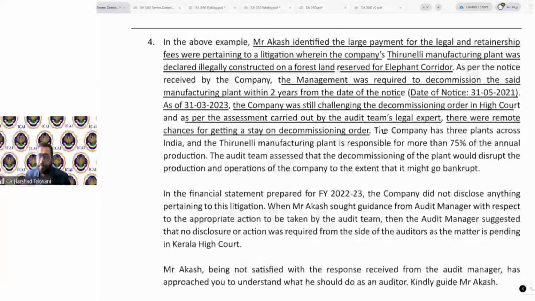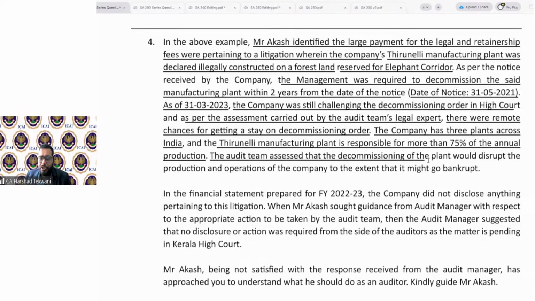The company has 3 plants across India, and the Thirunelli manufacturing plant is responsible for more than 75% of the annual production. The team assessed that the decommissioning of the plant would disrupt the production and operations of the company. To an extent, it might go bankrupt.